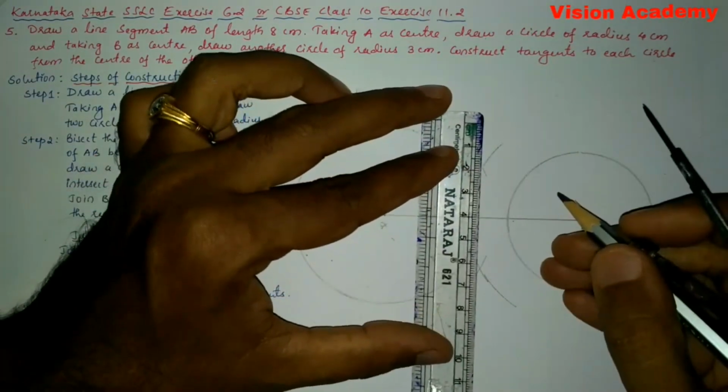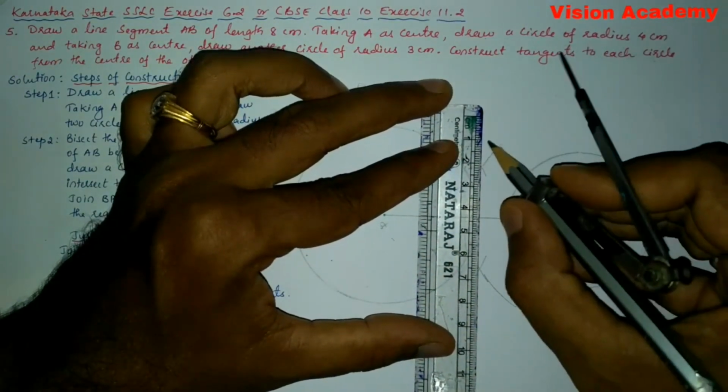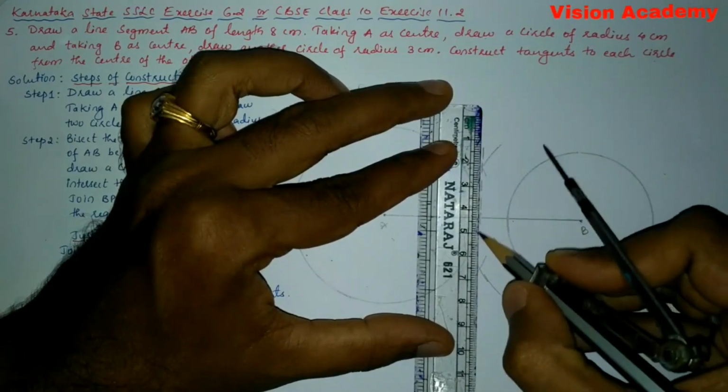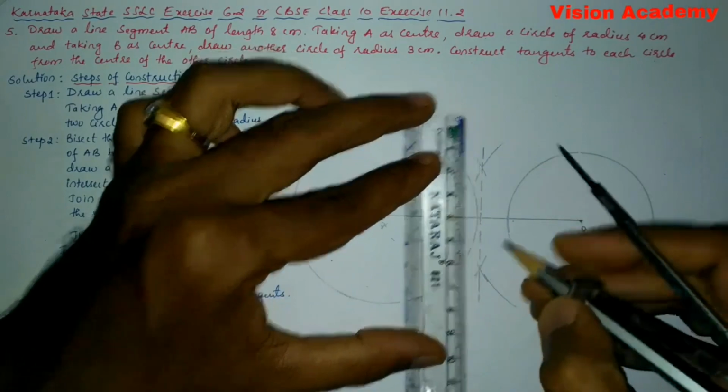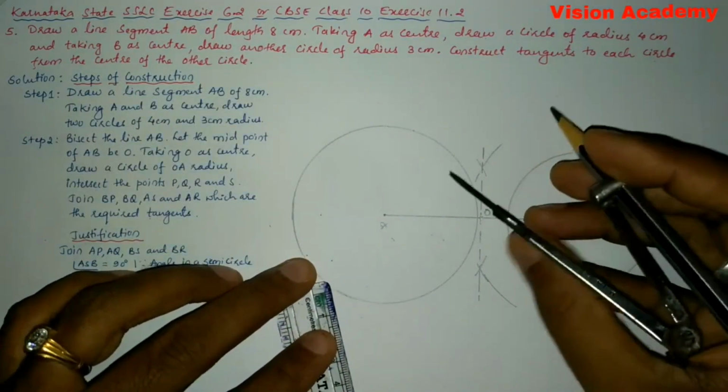So join both of these 2 points to get the midpoint of AB. Let us call this midpoint O.